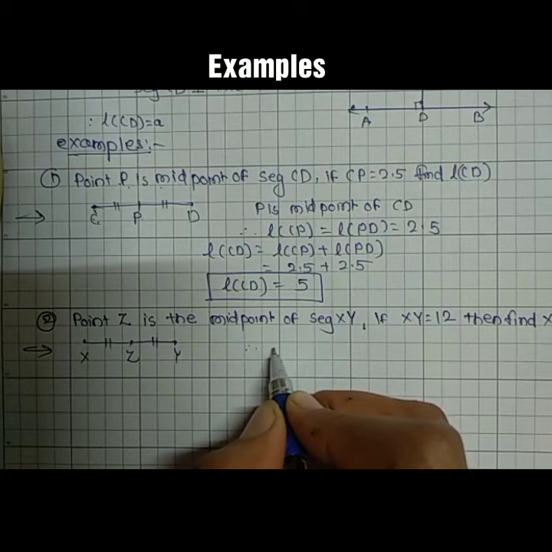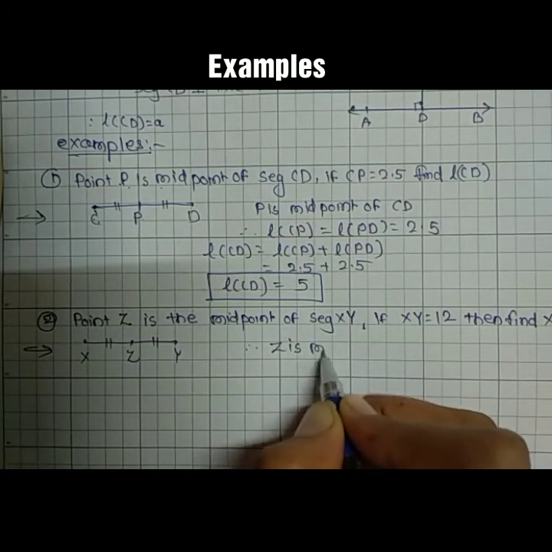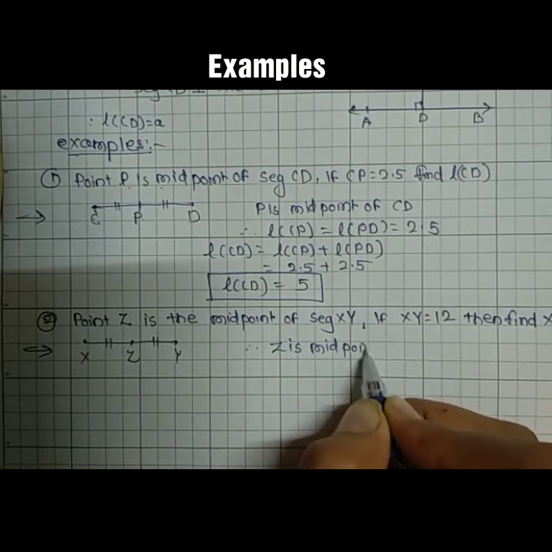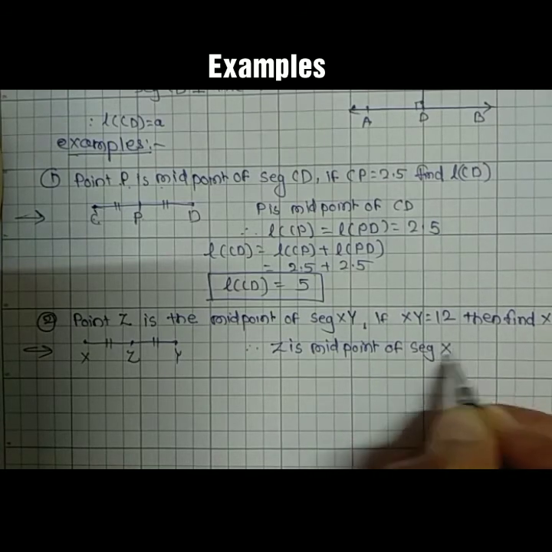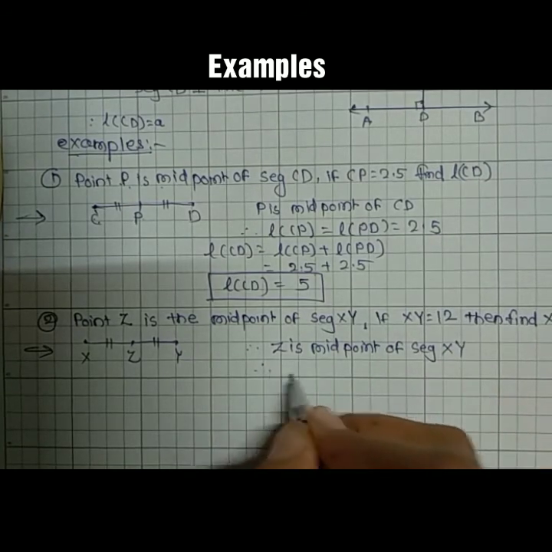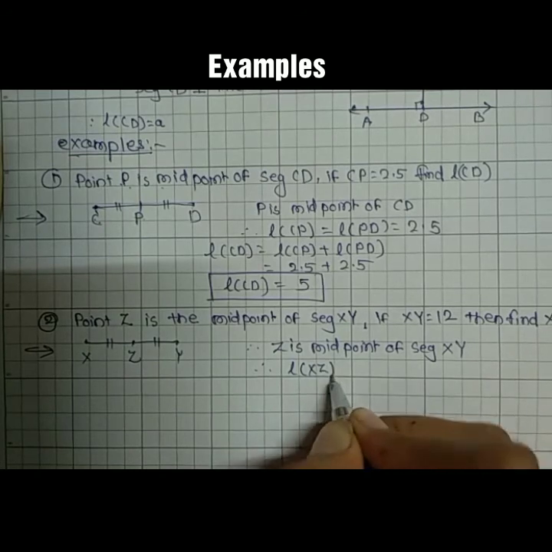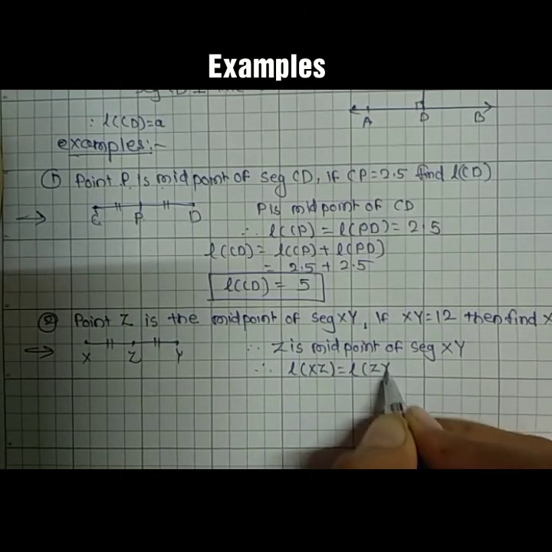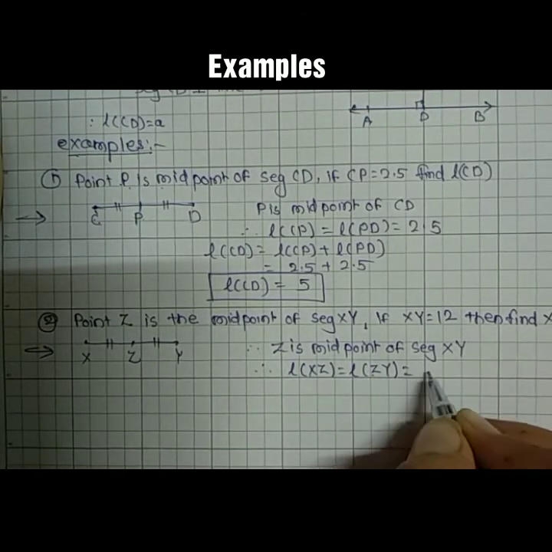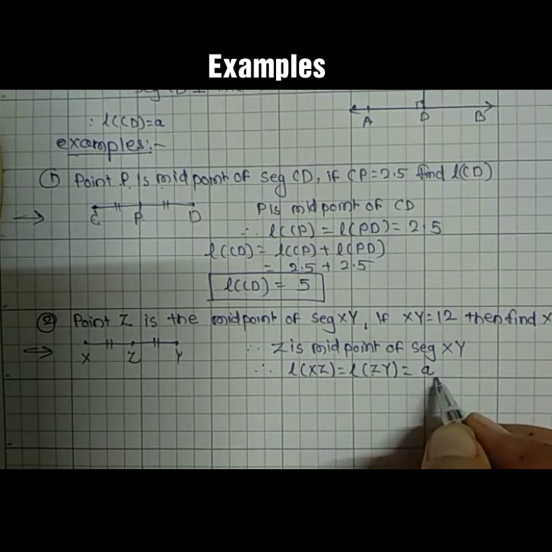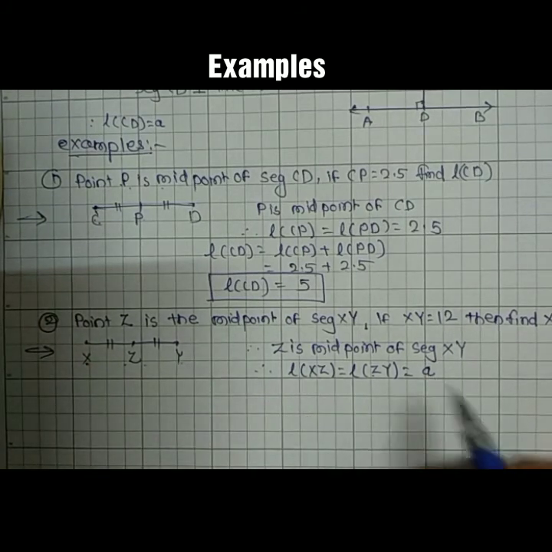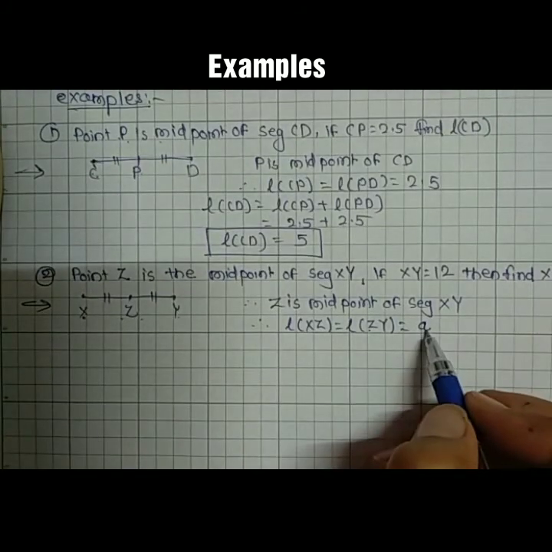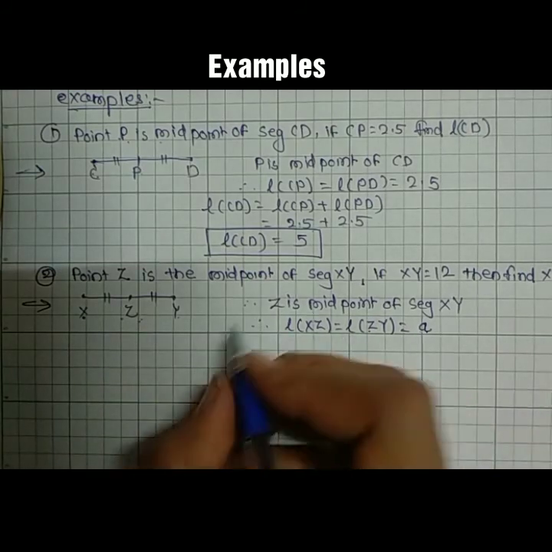First write down here: Z is the midpoint of segment XY. Therefore, length of XZ is equal to length of ZY, and let's assume XZ and ZY are equal to small a. Then find out the value of a, and then you will get the value of XZ.